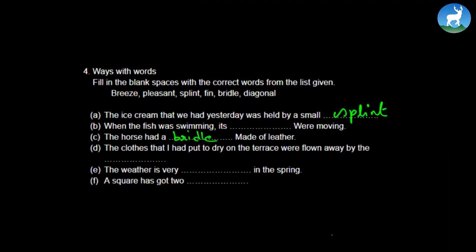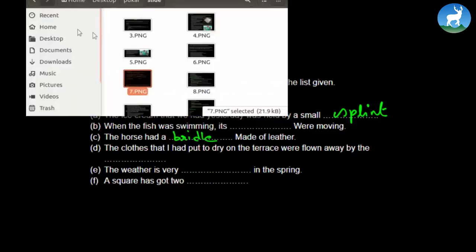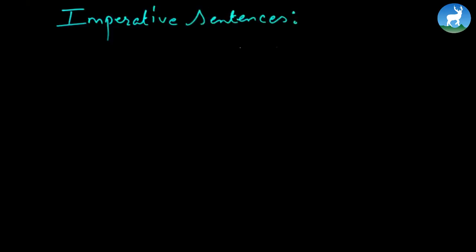Now let's move further and talk about something. Usually in English, we say there are 5 types of sentences, and one among those 5 types is what we call imperative. So what are imperative sentences?